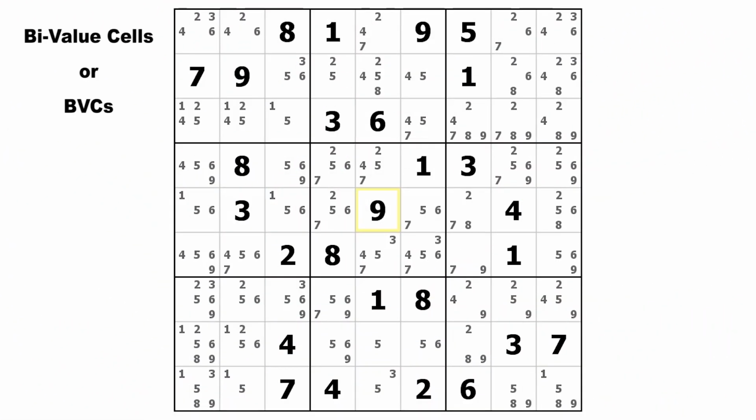When you are solving puzzles with a computer program or a smartphone app and you see just 2 candidates in a cell, you can be sure that it is a bi-value cell. Like here in this puzzle, all these highlighted cells are bi-value cells. Each one of those cells contains 2 candidates, and in each one of those cells, one of those 2 candidates must be true and the other must be false.